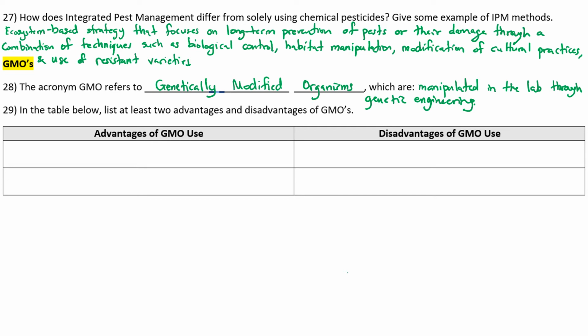29. In the table below, list at least 2 advantages and disadvantages of GMOs. So an advantage would be more nutritious food, less use of pesticides, aka pest-resistant strains.